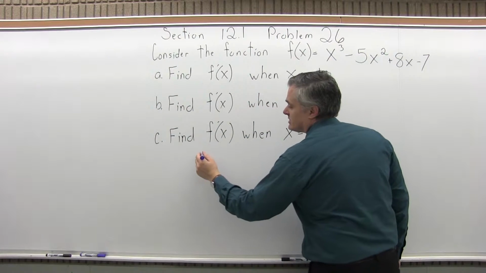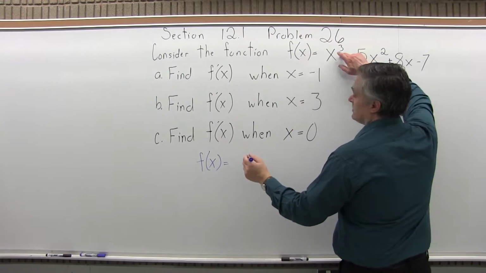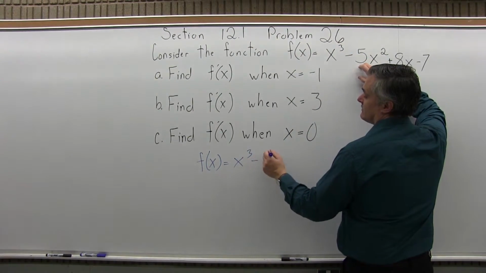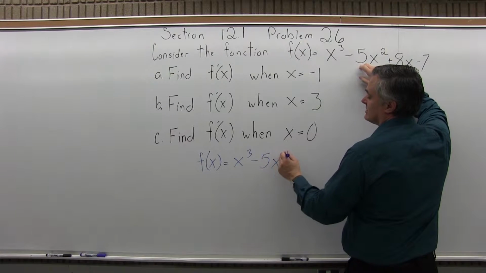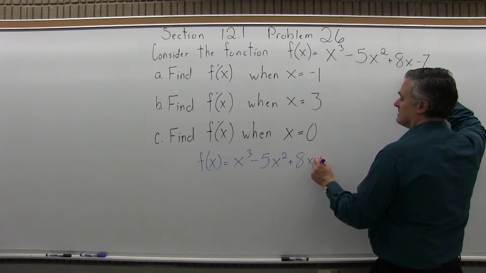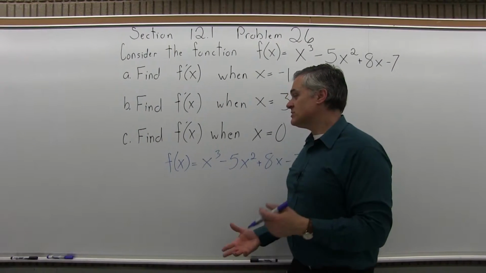So let's start with the function that's given in the problem. F of x equals x to the third minus 5x to the second plus 8x minus 7. So let's do the derivative.